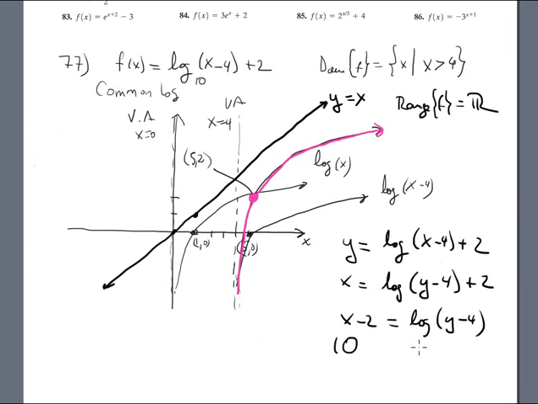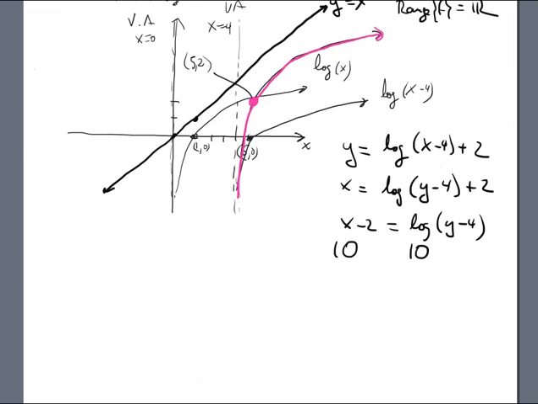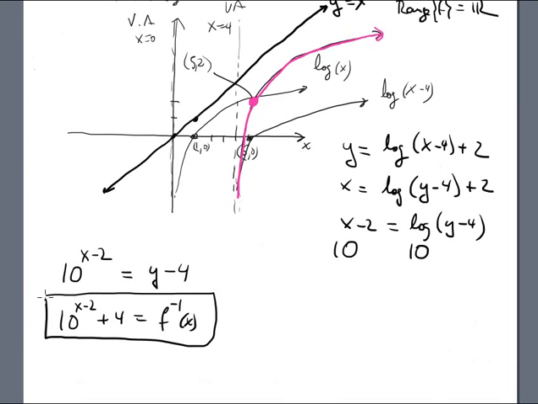Now the base is 10, and the logarithm and the exponential cancel each other. So we have 10 to the x minus 2 equals y minus 4, therefore 10 to the x minus 2 plus 4 equals y, which is the inverse function. This is the expression that represents the inverse function.